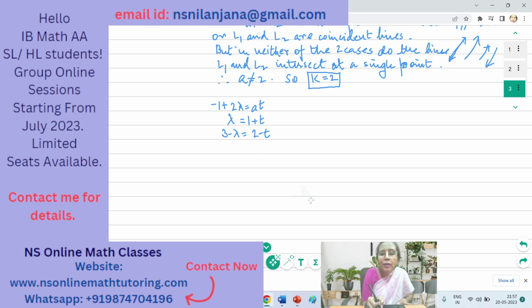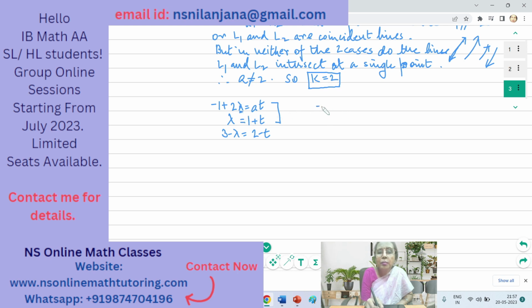And they have asked us to get the coordinates of the intersecting point in terms of small a. Therefore, small a is only in the equation 1. So let us take the first two equations. Lambda equal to 1 plus t, let us substitute this expression in this equation.